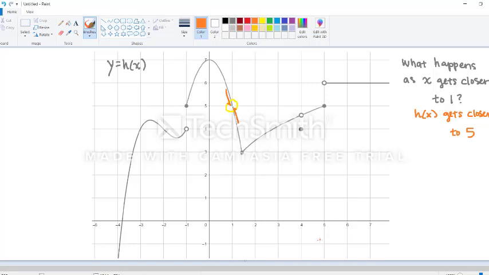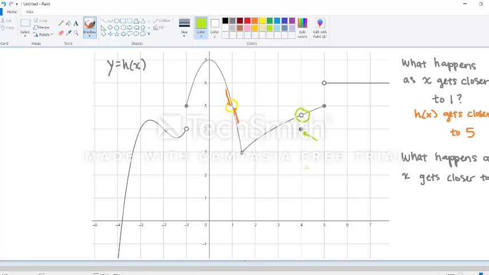Let's try another one. What if I asked, what happens as x gets closer to 4? So we want to first find where we're looking. So around here, right? Kind of zoom in a mini neighborhood. And we can see that there's actually a hole at 4. The actual output is over here. But again, we're not trying to jump straight to 4.